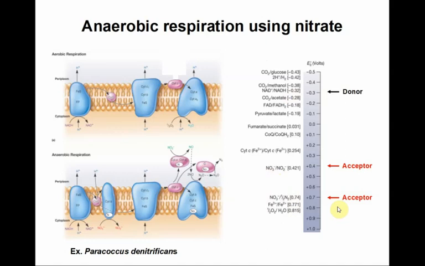So as long as nitrate is available, then bacteria can perform anaerobic respiration and extract a lot more ATP per molecule of glucose than fermentation. So that's why they use it, okay, because the ATP yield is so much better.